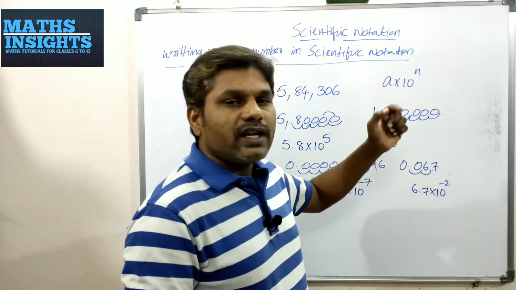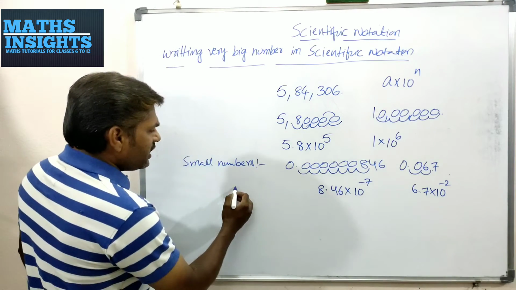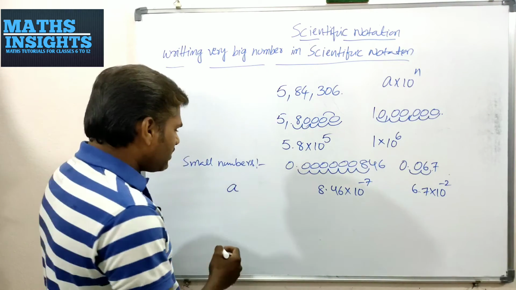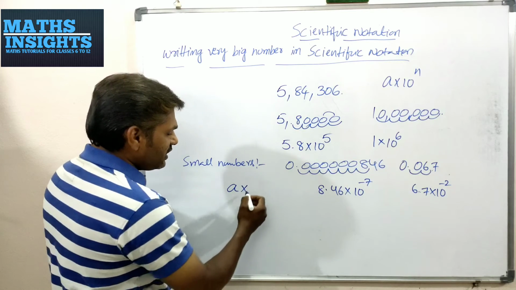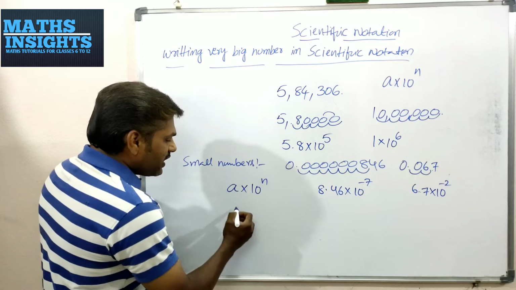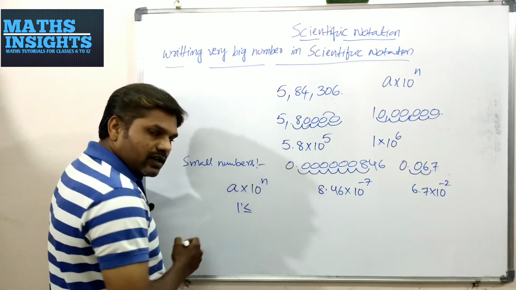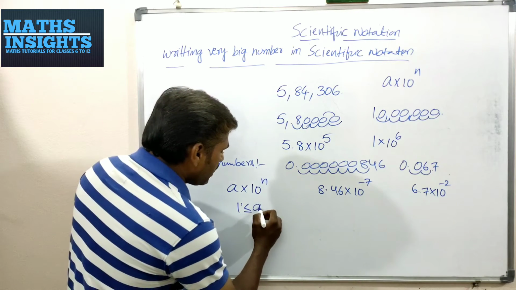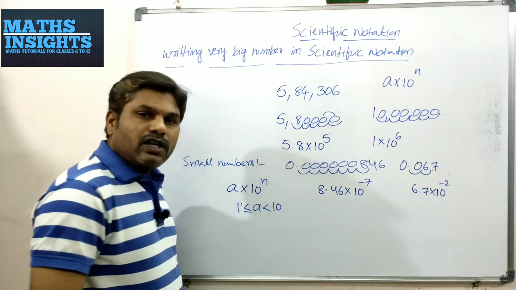That's why I am saying integers. So any number, if you want to write in scientific notation, should be written in the form of a into 10 power n, where a is starting from 1 and up to 9 only.